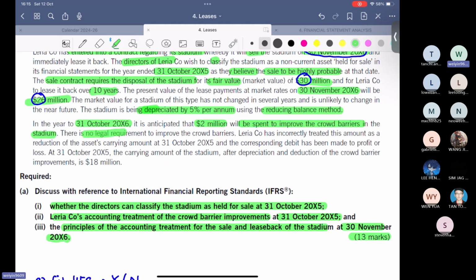There is no legal requirement to improve the crowd barriers. And Realco has incorrectly treated it. See, the question already tells you incorrectly, so definitely it is wrong. Okay, so incorrectly treated this amount as the reduction of the asset carrying amount on 31st October 20X5.